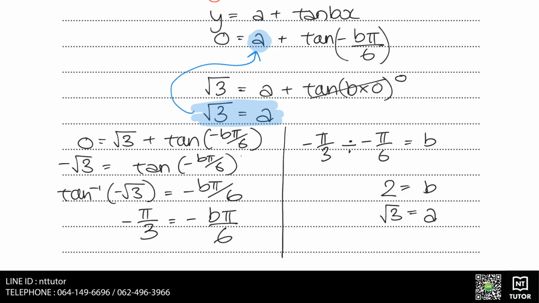After solving the equation for b, we get b equals 2, and our answer is b equals 2 and a equals square root of 3.